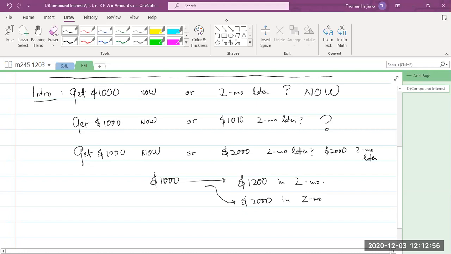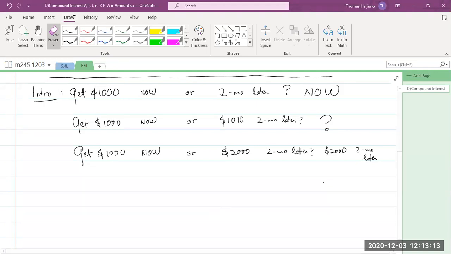So in this case, your situation and my situation are pretty clear: if the choice is $1,000 right now or $2,000 2 months later, then $2,000 2 months later makes more sense. Now for me, for this question B here, $1,000 right now or $1,010 2 months later, so you give me an extra $10 for 2 months later, I'd rather have it now.